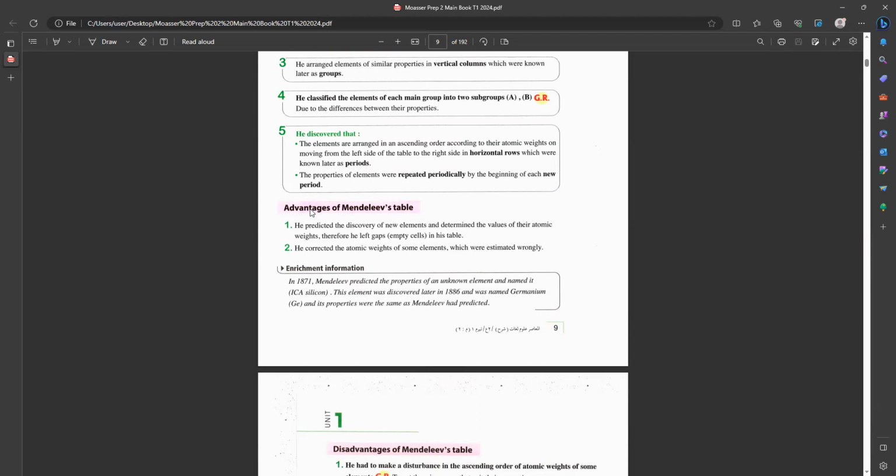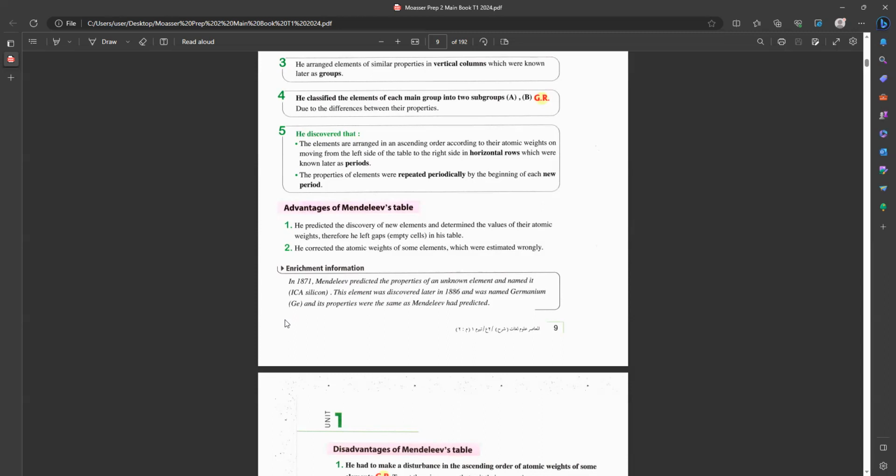The good thing, or the advantage, is that after organizing the elements in ascending order of atomic weight from left to right, he found that the elements did not follow an orderly sequence. For example, he discovered an element with atomic weight 11, and after that no element with atomic weight 12, 13, 15 or 16 was found.